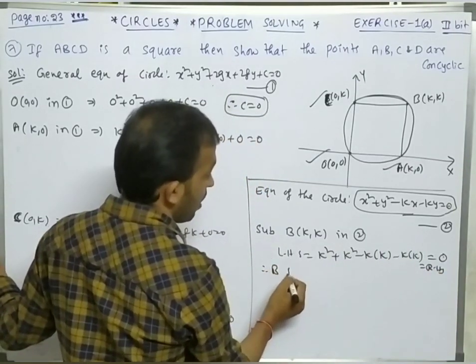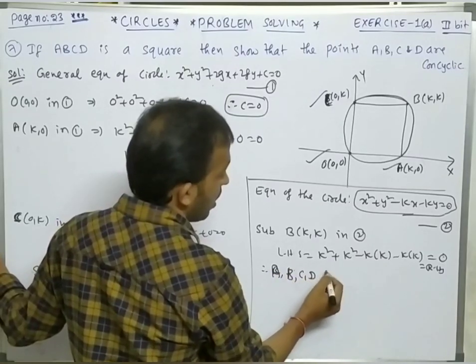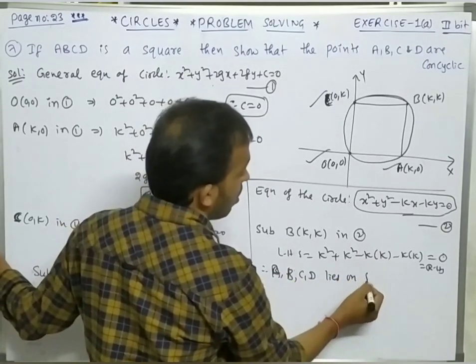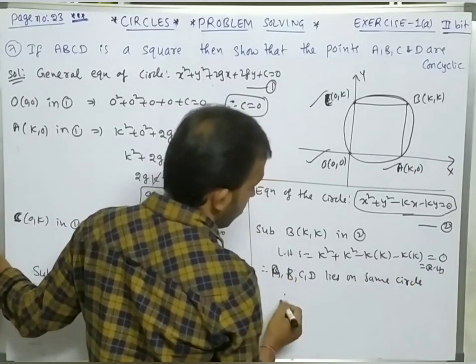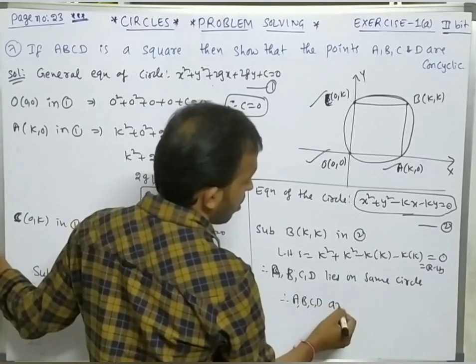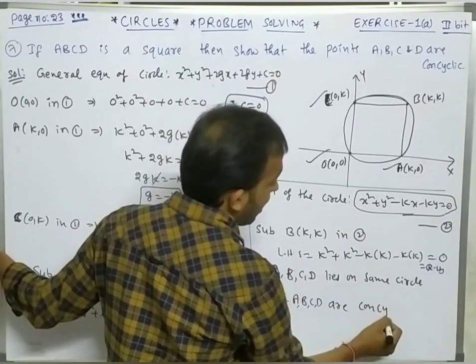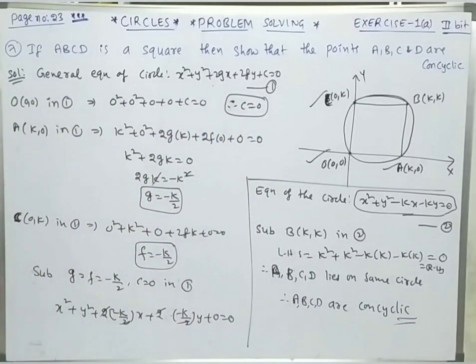Therefore A, B, C, D lie on the same circle. Therefore A, B, C, D are concyclic. Okay, in this way we can prove that.